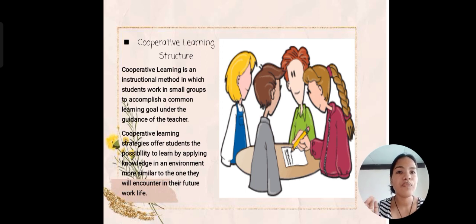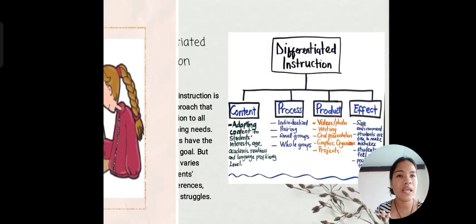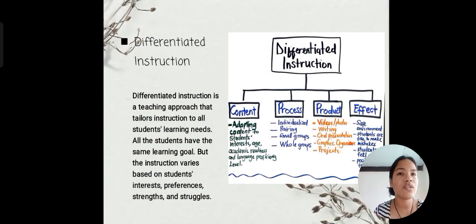Okay? Third strategy is the differentiated instruction. So, differentiated instruction is a teaching approach that tailors instruction to all students' learning needs. So, kanang differentiated instruction, meaning, from the word itself, differentiated, daghan og ways, daghan og methods ang gamiton sa teacher para ang mga students maka-learn sila.